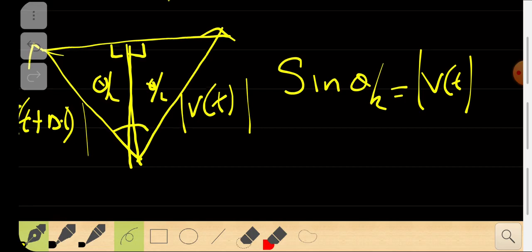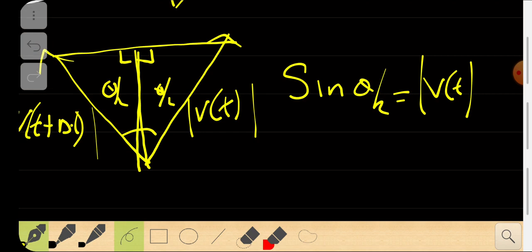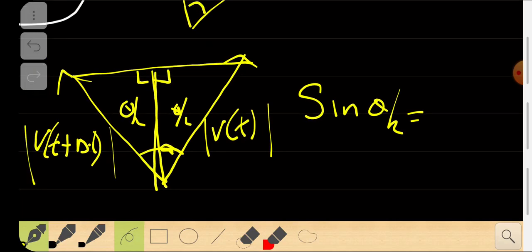Sorry about that, so it's the hypotenuse, and the opposite side is the vector which can be found by subtracting v of t and v of t plus delta t.